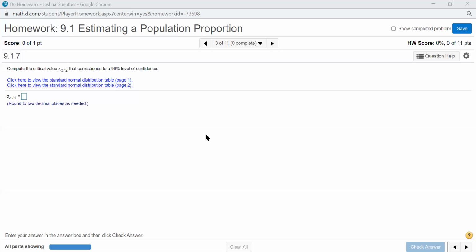Let's see. Okay, here we go. This is what I want. I thought I had the right one queued up and then I accidentally X'd it.